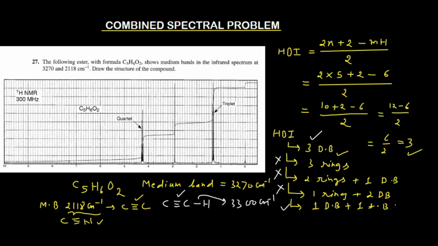This is very important, right? Because the range of carbon triple bond carbon is 2100 to 2260 centimeter inverse. If you want to know the range, on the next page I am writing the range here. Again, it is very important to learn a few ranges, right? The range of the carbon triple bond carbon stretching frequency, okay, is 2100 to 2260 centimeter inverse, right?